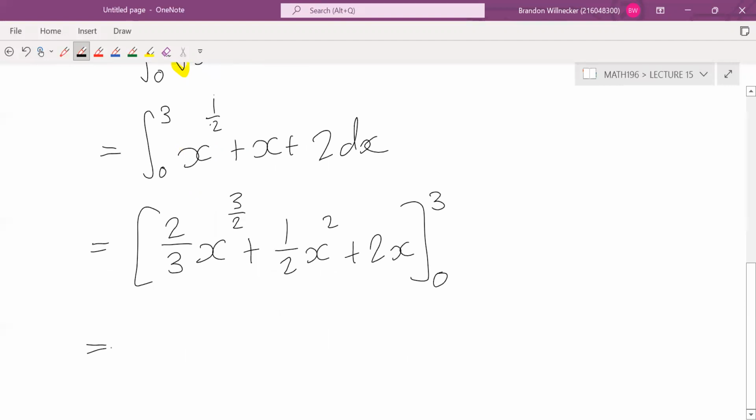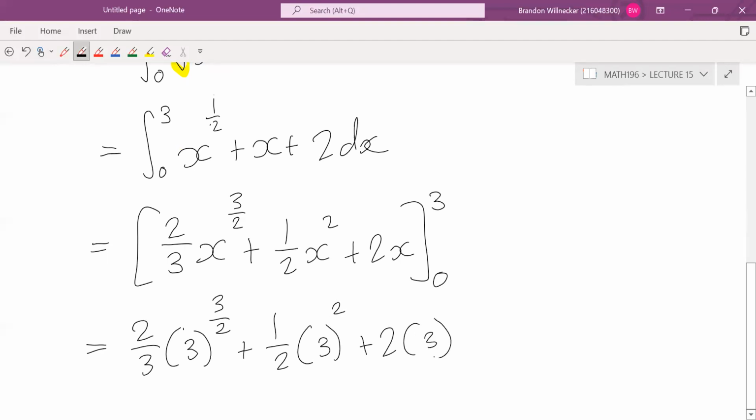Okay, so let's substitute the upper bound. We're going to have 2/3 times 3 to the 3/2, plus 1/2 times 3 squared, plus 2 times 3. If we substitute the lower bound, then we're just adding 0 because we're going to have 0, 0, 0, so we don't need to worry about that.